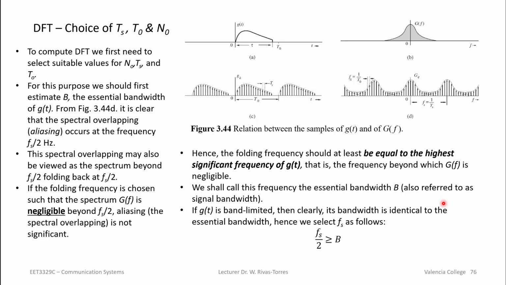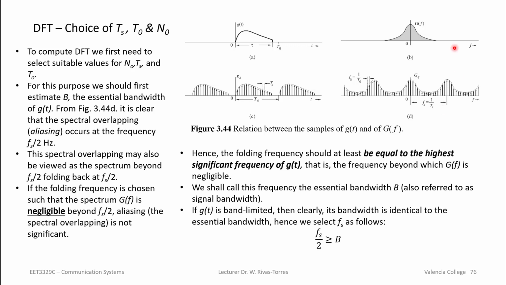I like to call the point of overlap a crossover point, or spectral overlapping point. What you don't want is for one copy to overlap with the next. If you can keep them separate, that's an ideal world. So that puts a limit on what Fs has to be.